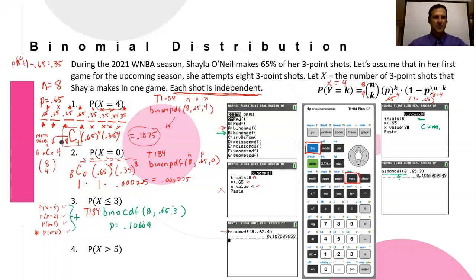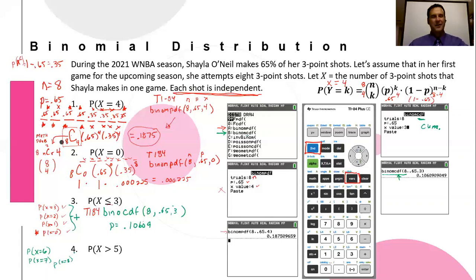So here's the deal. When you think of x is greater than 5, first of all, that does not include 5 because there's no equal to sign beneath. But that would be the probability that x equals 6, probability that x equals 7, and probability of x equals 8. And I don't want to do all three of those.